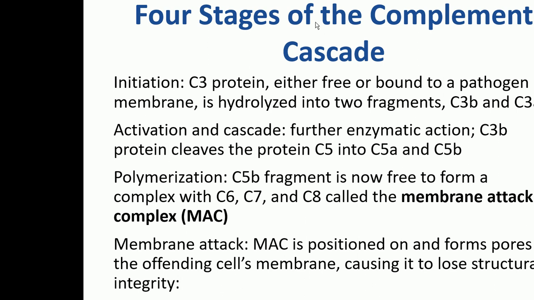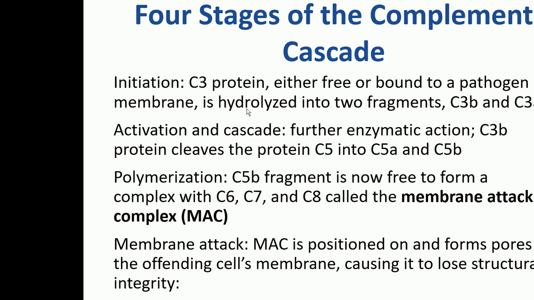There are 4 stages in the complement cascade. In the initiation, the C3 protein, either free or bound to the pathogen membrane, is hydrolyzed into 2 fragments, C3b and C3a.